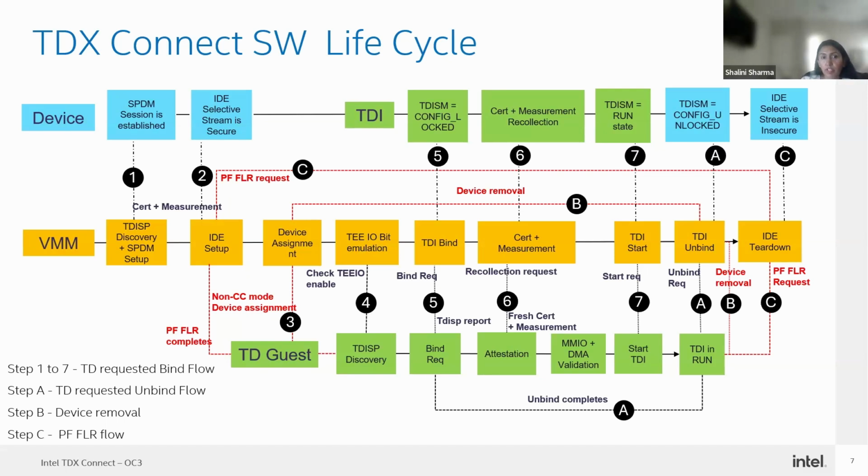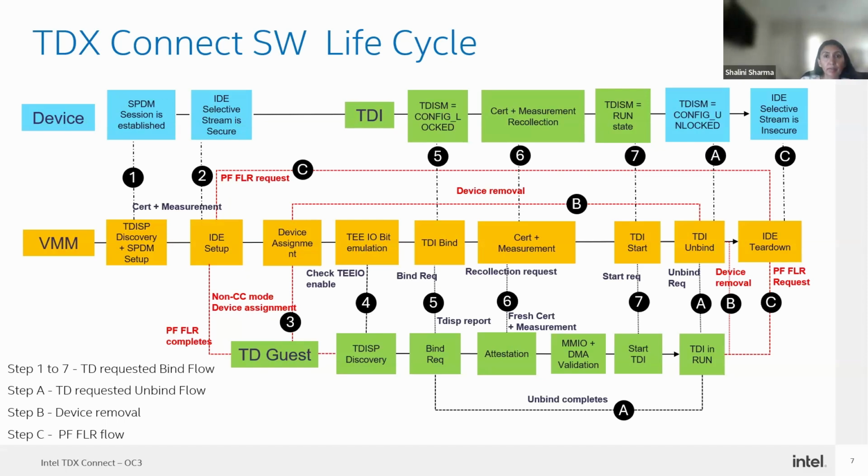Let me go to the next flow, which is the TD requested unbind flow. When a trusted device has an error, or if the guest wants to unbind the device, it will request the VMM to unbind it. The VMM uses the Trusted Security Manager to send the TDISP commands to transition the device to unlocked state.